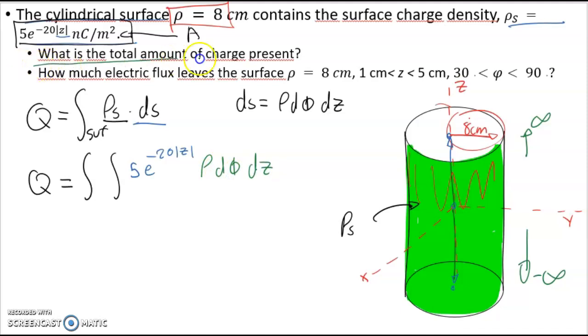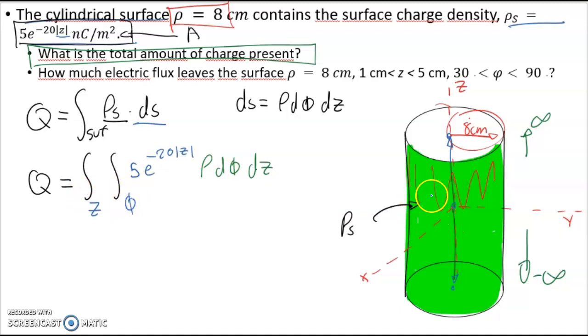We're working with the first part, the total charge contained on it. Now, the integral is going to be over z and over phi.